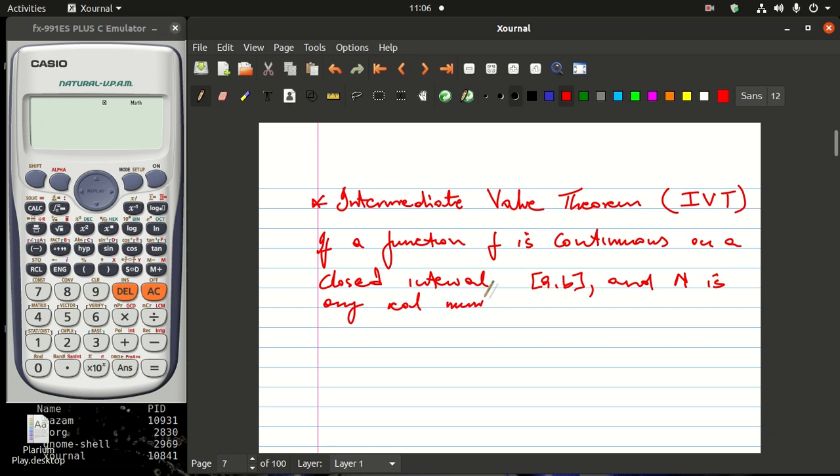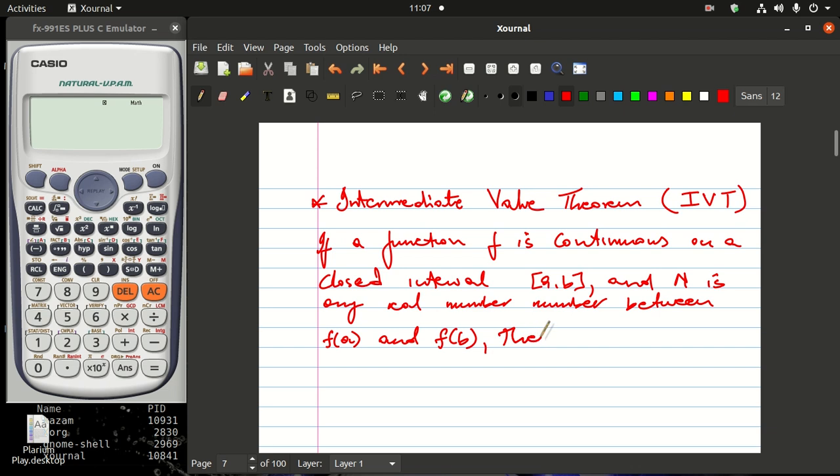It is any real number between f of a. So I take a and plug it there, I get this output. So it is between f of a and f of b. So I will find the output of these endpoints there.